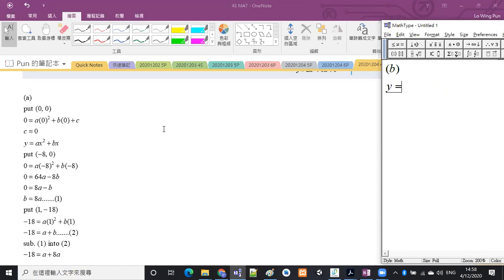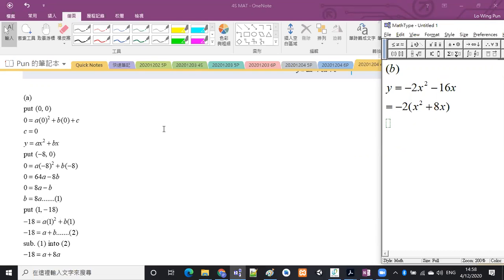to ax squared, that is -2x squared plus bx, that is -16x plus c, but the c is equal to 0, so we do not need the c here. Okay, and then it is equal to -2, so take out the a, x squared plus 8x.